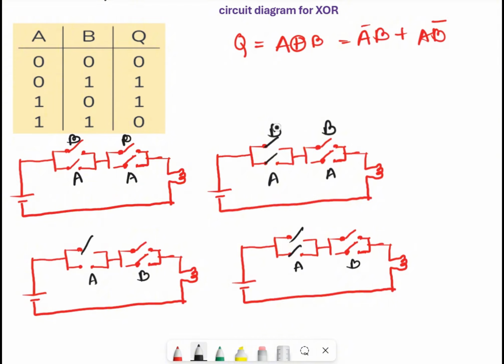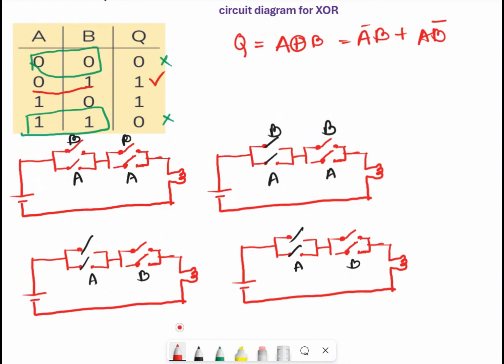Switch, switch. So the electric circuit diagram for the XOR gate is actually a switching scheme. If we could observe, when the inputs are equal, it means 0 0 and 1 1 for the XOR gate, there will be no high output, so we'll get 0 for both cases, right? Except when we have the opposite: if the value of A is 0 and B is 1, then we have 1.